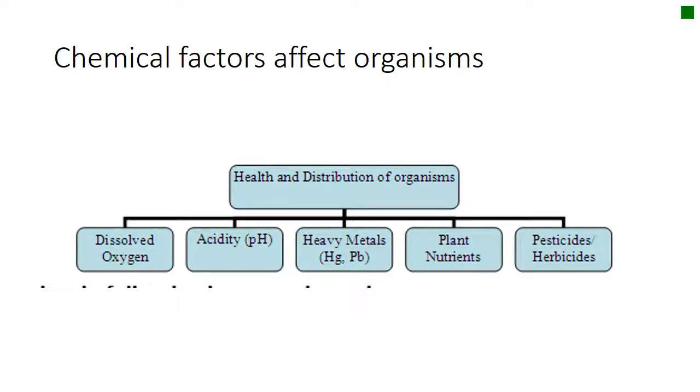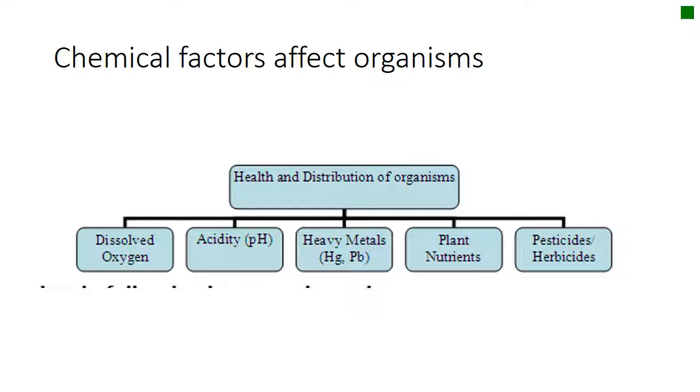water quality. So chemical factors affecting organisms include dissolved oxygen, right? The greater the dissolved oxygen, the more variety you're going to get. The less dissolved oxygen, the less variety you're going to get. Okay, fewer organisms are going to live there. Acidity: as the pH increases, the level of oxygen decreases.